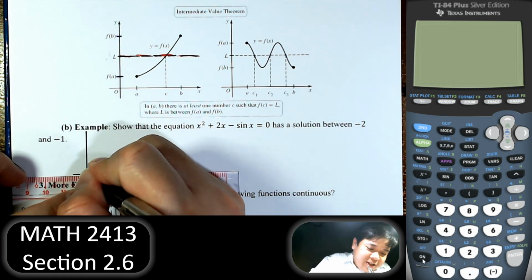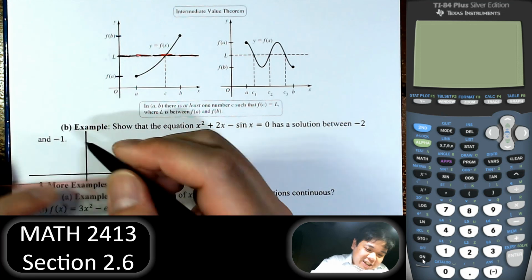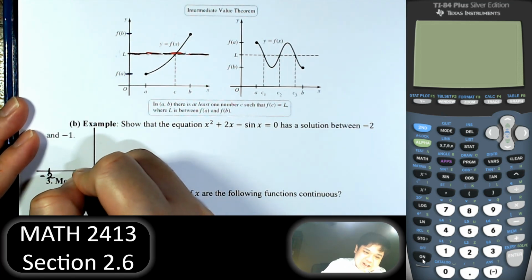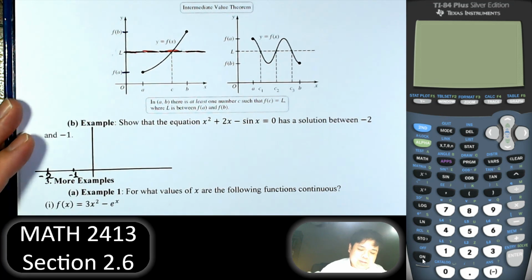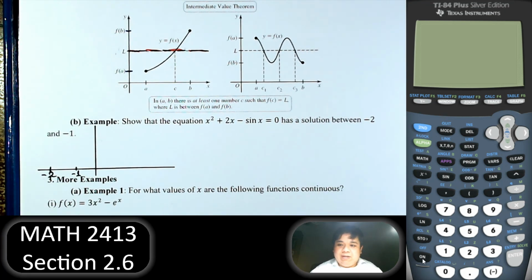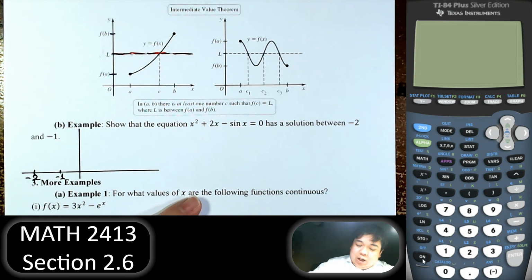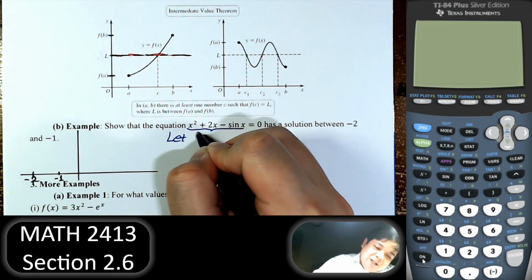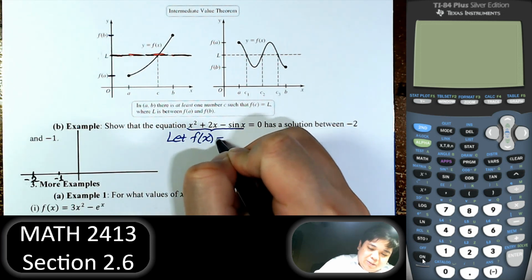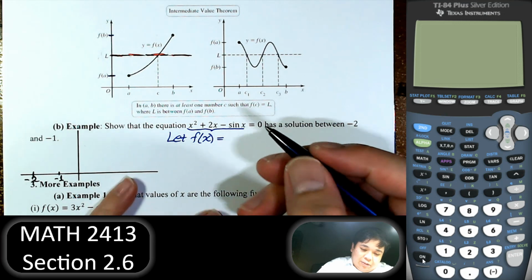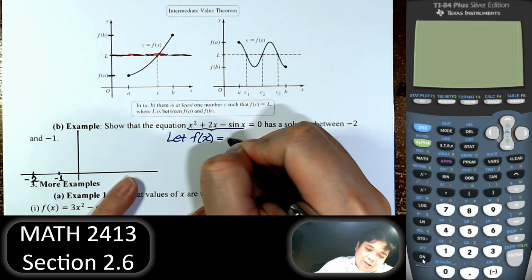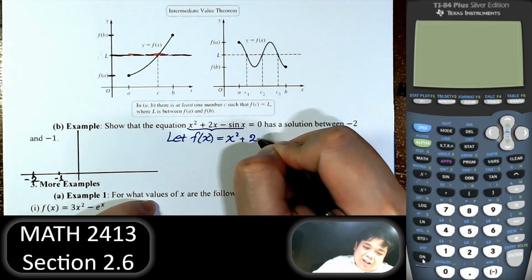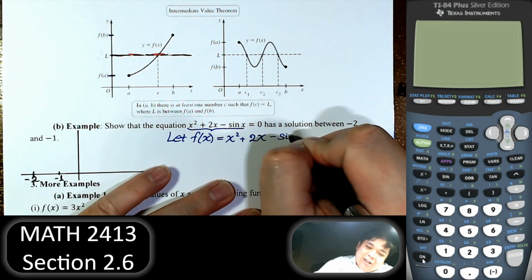That is a terrible graph, sorry, but we just ignore that. Right. So first of all, let this be a function f of x. Don't mind the graph here.